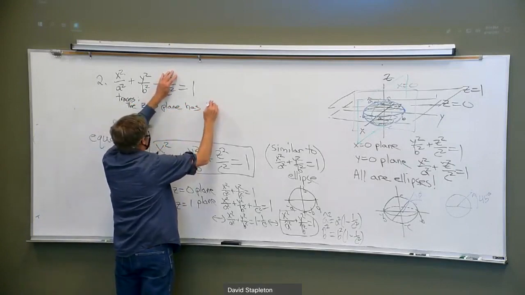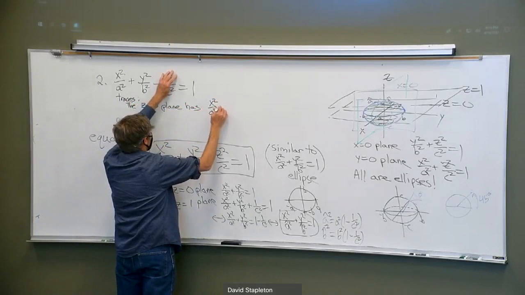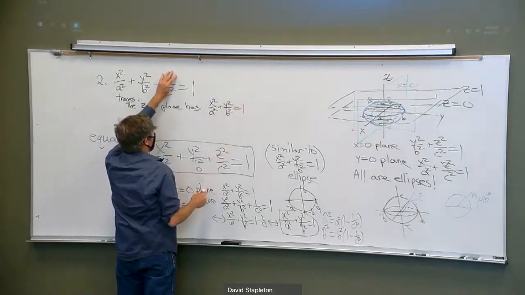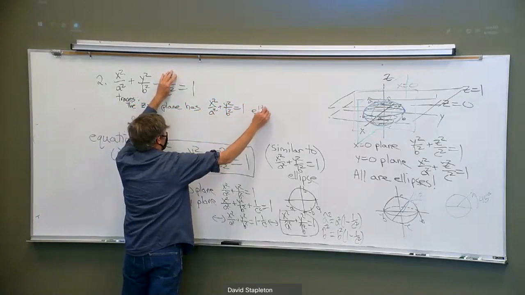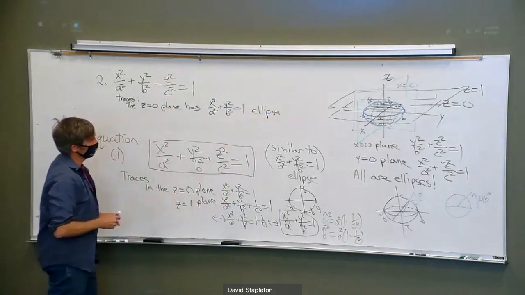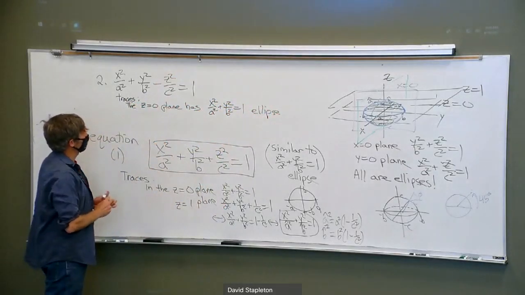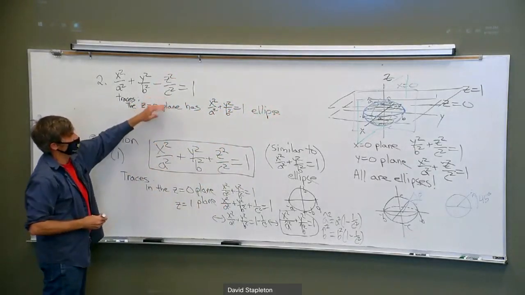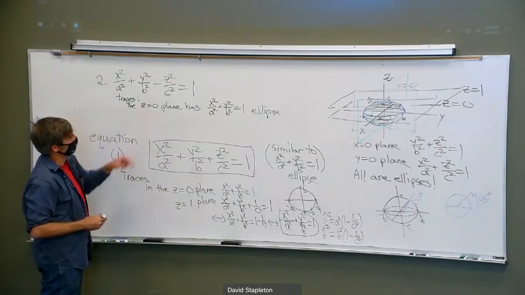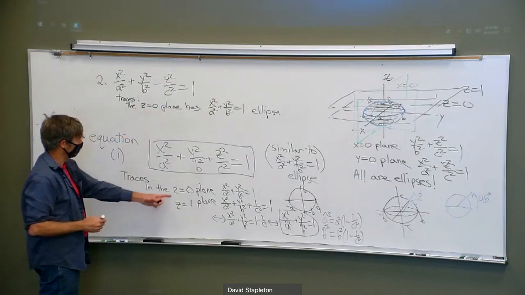It's looking pretty similar so far: x squared over a squared plus y squared over b squared equals 1. That's an ellipse, so again the cross sections are ellipses in the xy plane. And actually, if you put z equal to any constant, you again get ellipses. All the cross sections with z equals a constant are ellipses, like they were here.